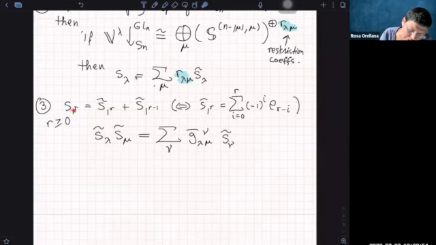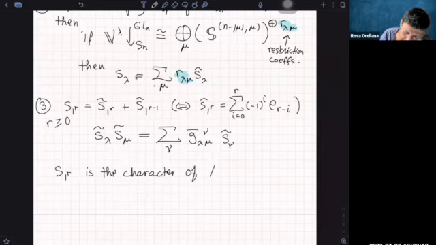And why does this choice make sense? Why does it make sense to choose this as the initial value? It is that this is the character of the exterior power, R exterior power of Cn, which is an irreducible representation of GLN.